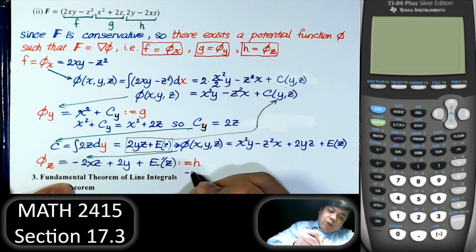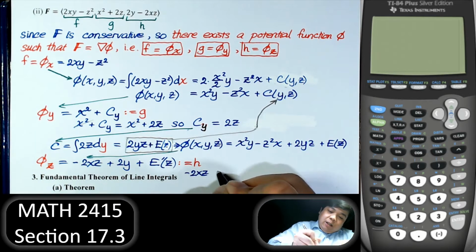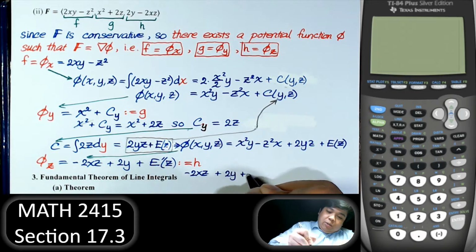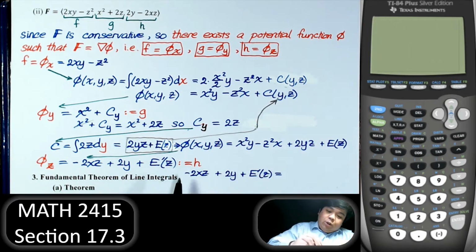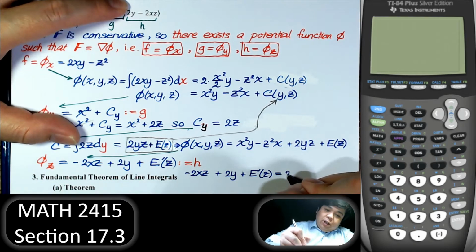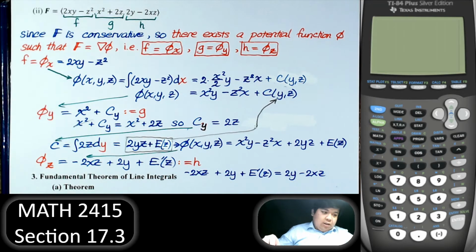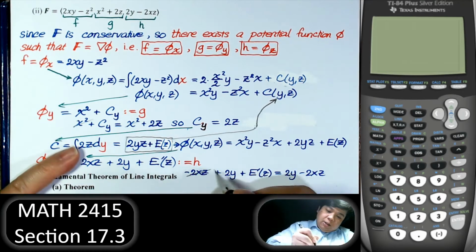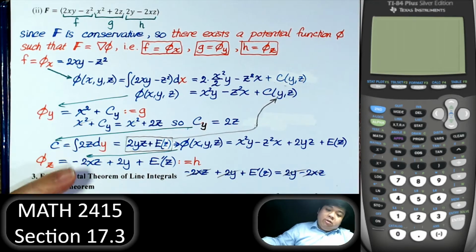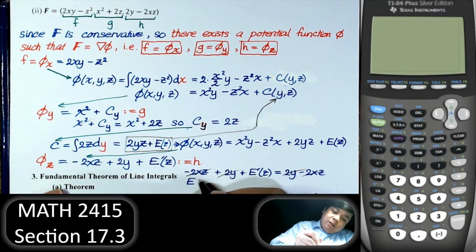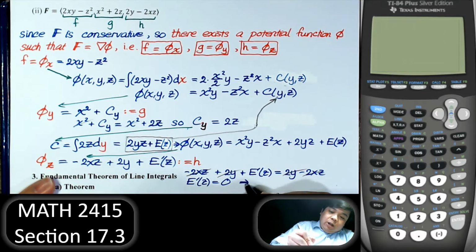So we have negative 2xz plus 2y plus e prime equal to h, 2y minus 2xz. Cancel out. E prime of z is 0, so e of z is a constant.